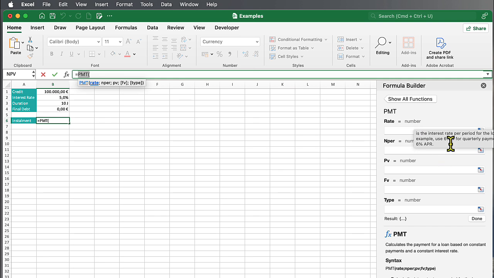So you can see here, for example, PMT stands for payment, you have the parameters rate, the interest rate per year, and PER, the number of payments you're doing, PV, present value, so the 100,000 credit, future value, that's in our case a final debt of 0, and a type, which, for example, in this case means if you pay at the beginning of a period, the beginning of a month, or do you pay at the end of the month.